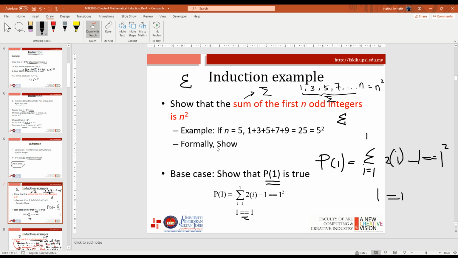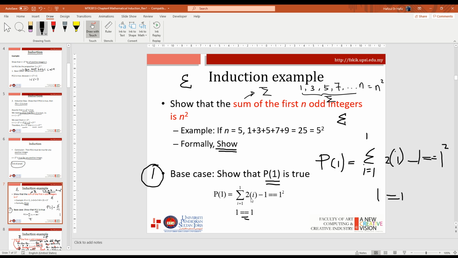So formally we can demonstrate this using the steps I have explained to you, based on the base case. First, based on the base case, show that P(1) is true.